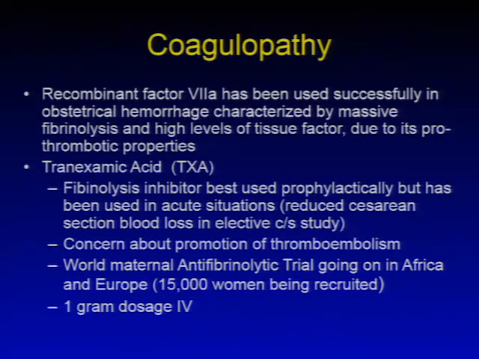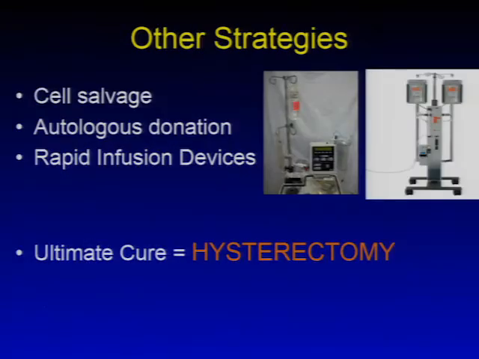There is some concern about the promotion of thromboembolism with its use. However, there's a worldwide antifibrinolytic trial going on, and the dosage is 1 gram IV, and is becoming very common in most large centers that take care of high-risk mothers.